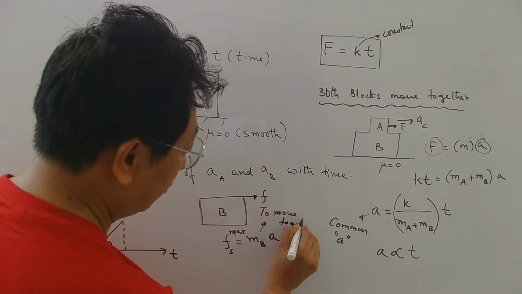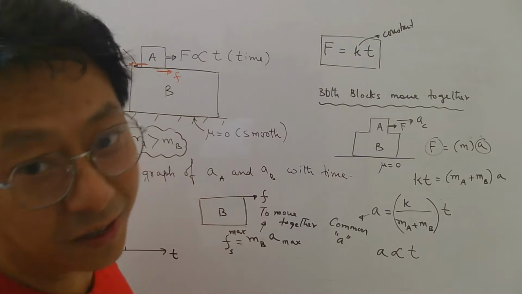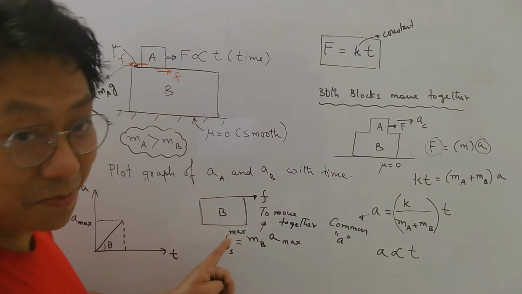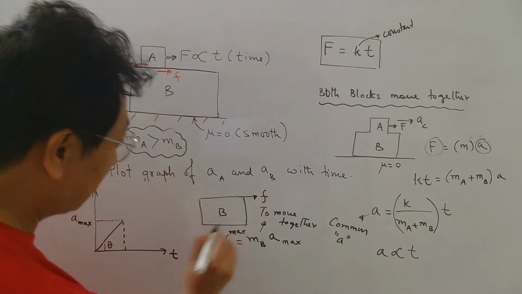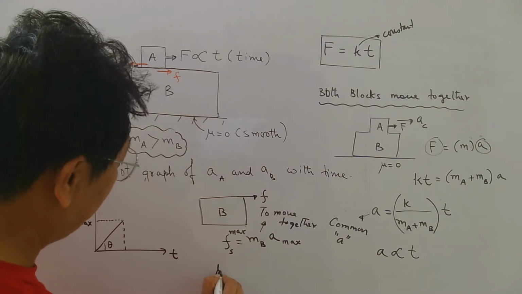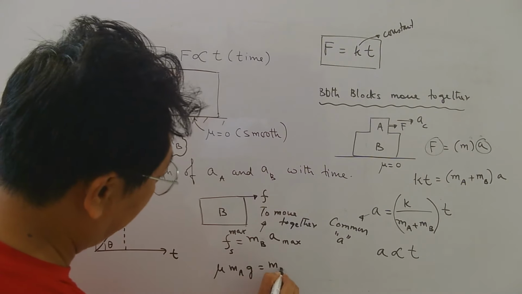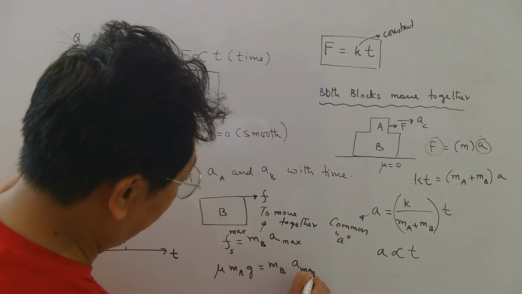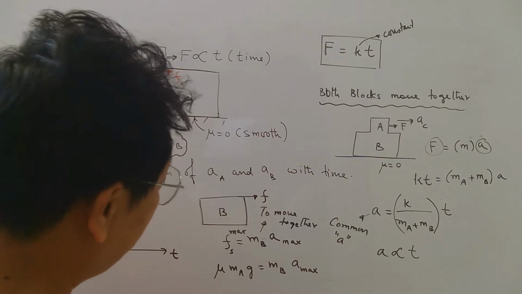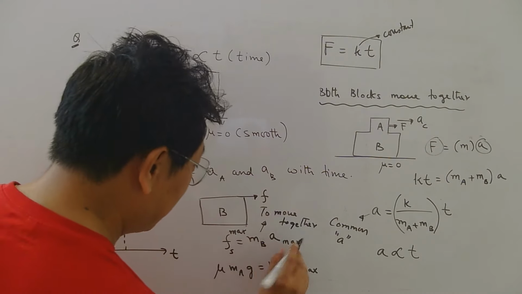How long will they move together? Till the friction is static. But static has a max value. What's the formula for maximum static friction? Here we know mu mag equals mb into maximum acceleration, where the maximum acceleration is this b's, remember.